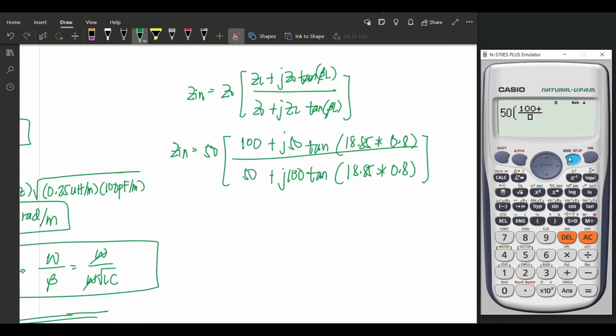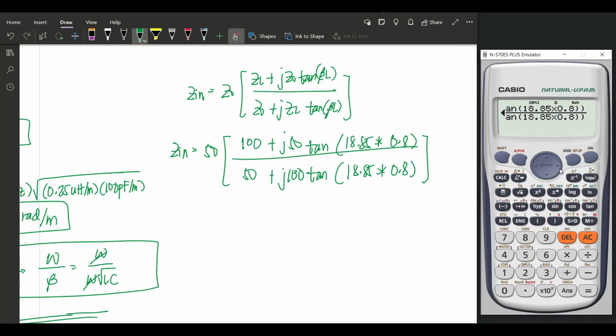So dapat naka-complex pala ako. So 50 times 100 plus J 50, then tangent 18.85 times 0.8. Then sa baba, wait, bakit 10? That should be 100. Then 50 plus J 100, then tangent times 0.8. 0.8 is the length, okay?